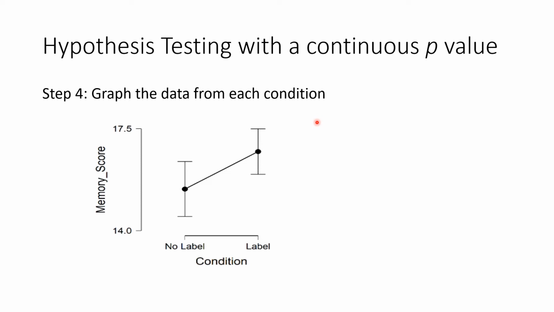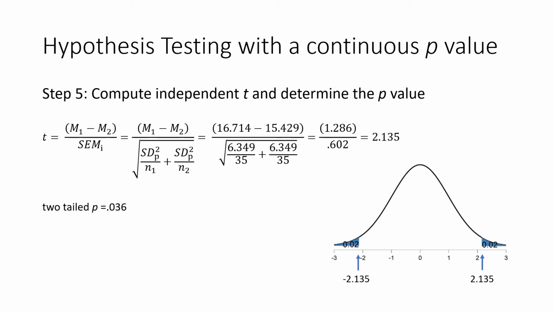Of course, now you still need to run the statistics and find if the p-value is compelling enough to argue that this difference is unlikely to be due to sampling error. So now we need to compute the independent t and determine its p-value. Here's the mean difference, and you're dividing it by sampling error.